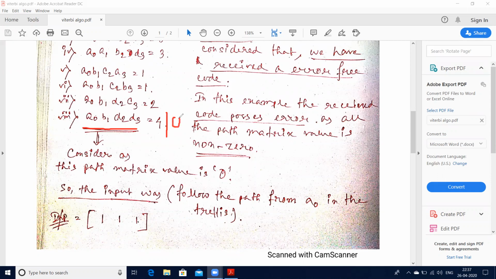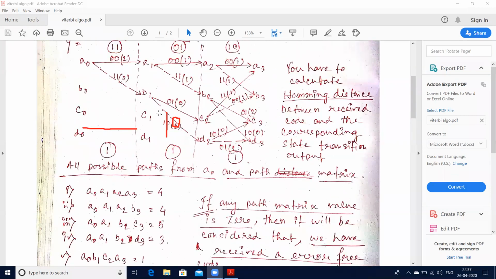From the code trellis diagram, suppose the path A0, B1, D2, D3 has path matrix 0. Then we come to the conclusion that we have received an error-free code, and we can retrieve the input message also from this technique.